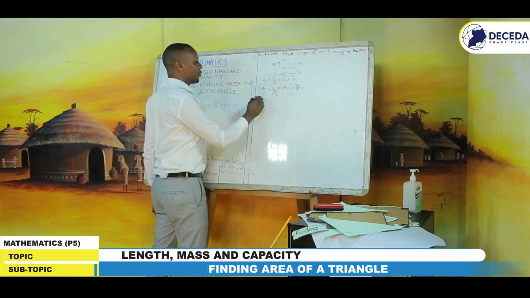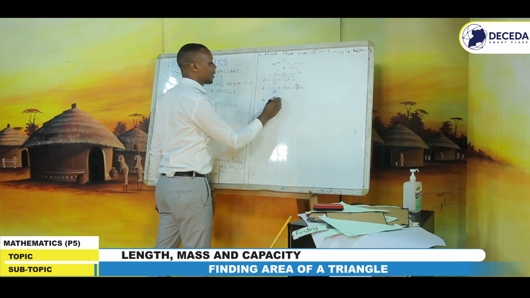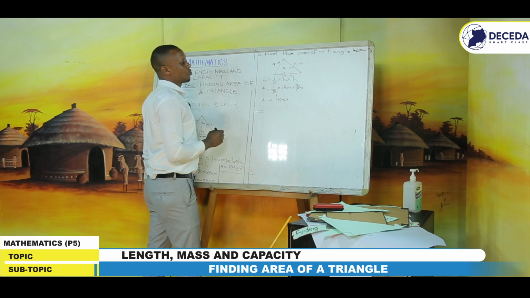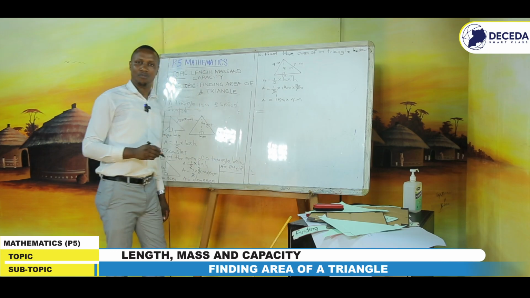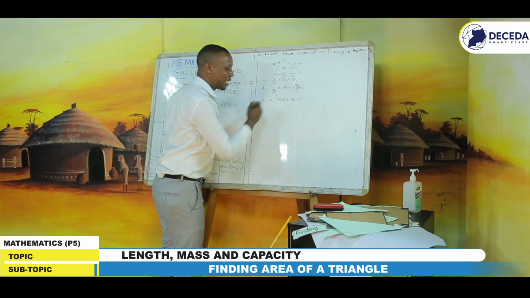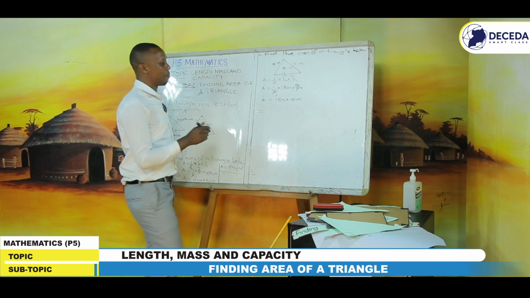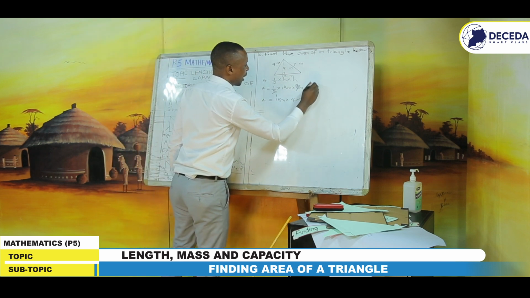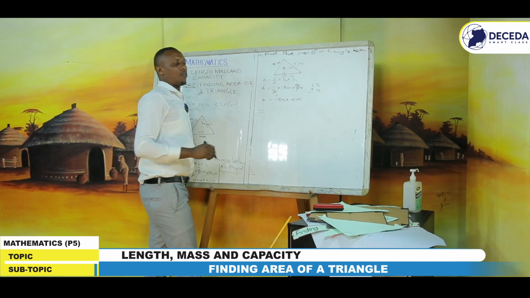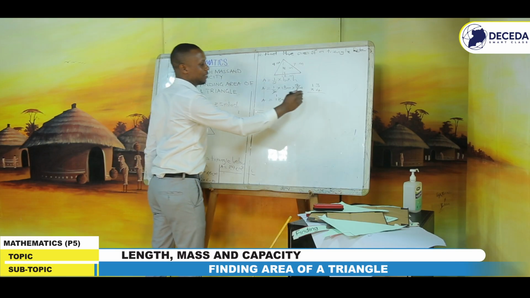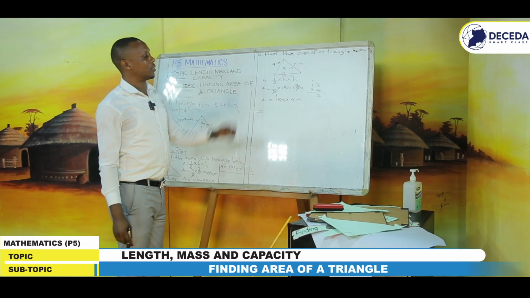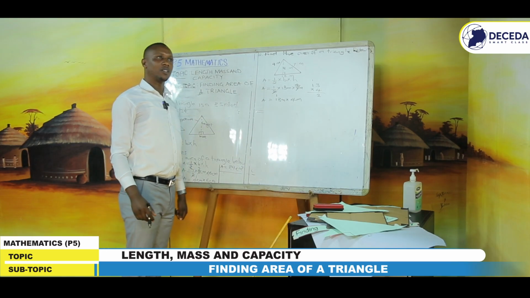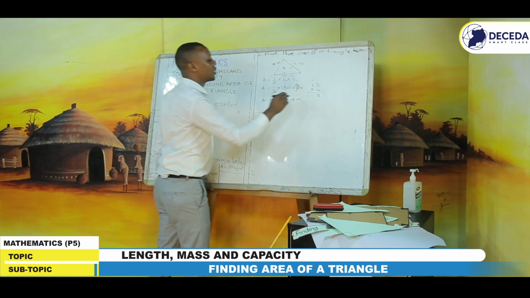Therefore, we are left with area as 13 meters times 4 meters. We are having 13 times 4 here. We can do side work, 13 times 4. 4 times 3, that is 12. We write 2 and keep 1. 4 times 1, that is 4, plus the other one, which is 5.